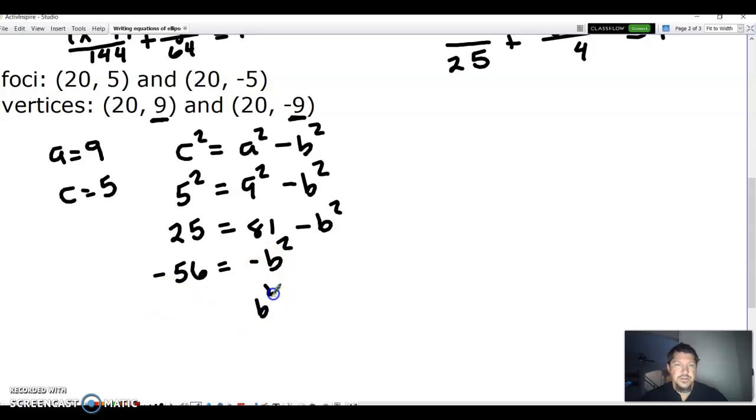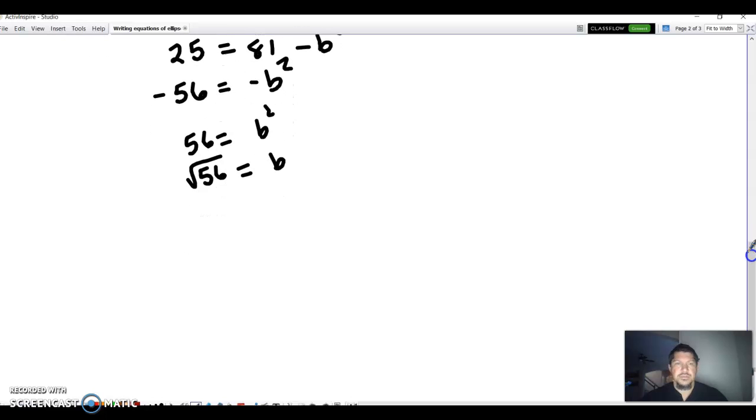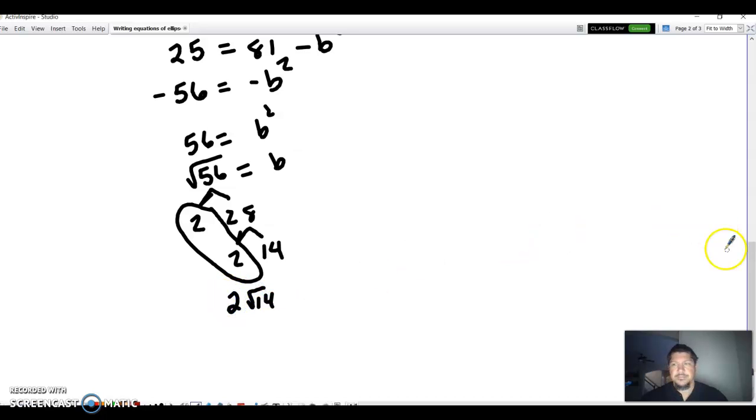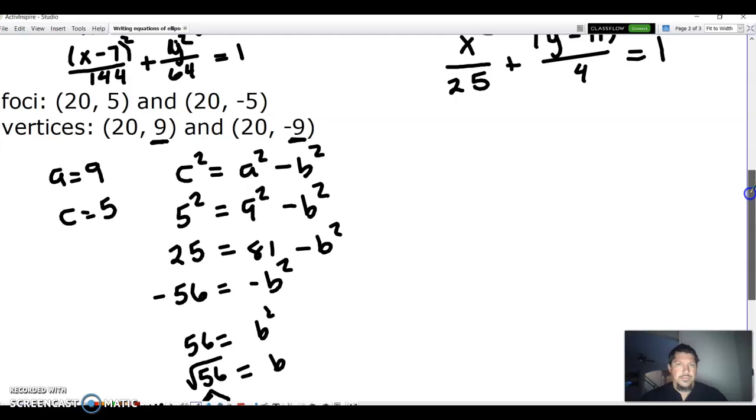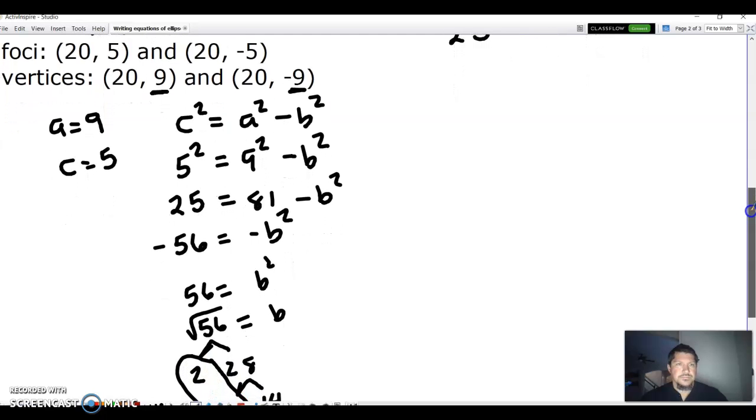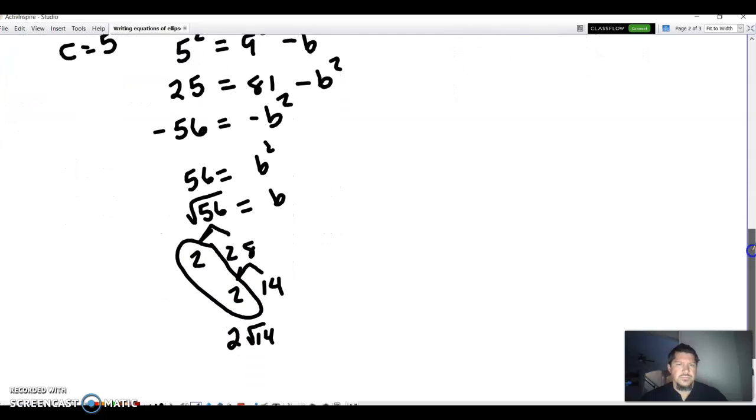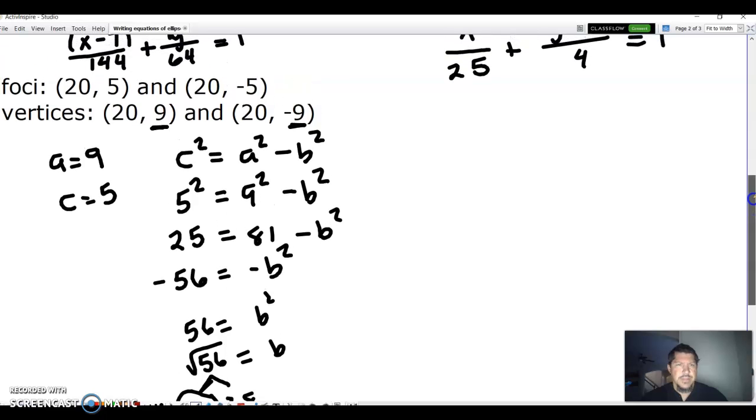So b squared equals 56. So b is the square root of 56. But I believe that simplifies. 2 goes in 28 times, 2 goes in 14 times. So it really becomes 2 square root of 14. Which really won't matter in the end, actually.